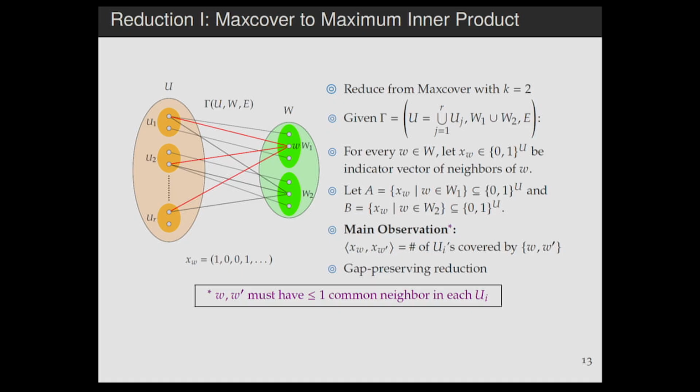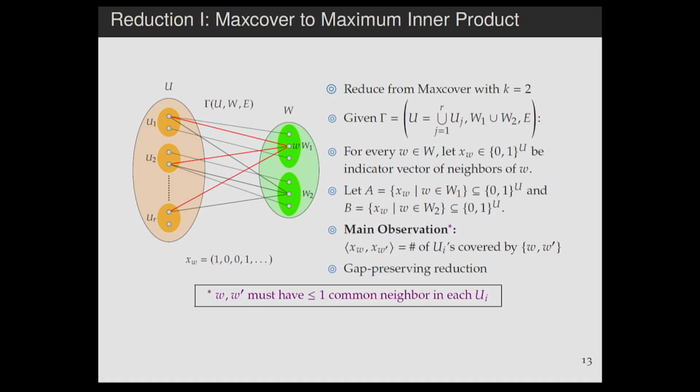So it might not be exactly equal to the number of supernodes that you cover, you might double count. But it turns out that in the construction that we will look at, this you get for free. So for every pair of vertices, you have at most one common neighbor in each left supernode.